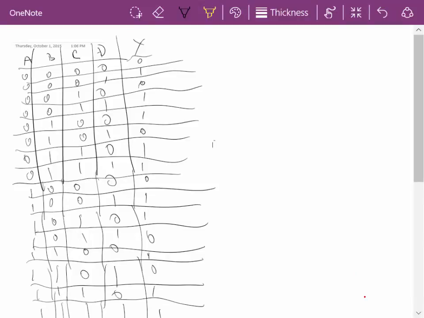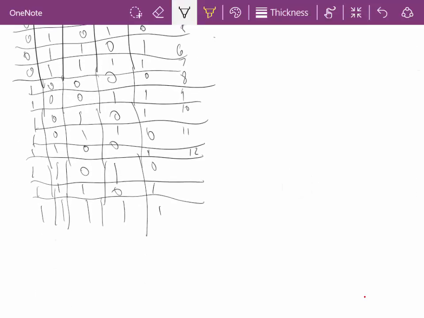So I'm just going to go ahead and put the numbers here: 0, 1, 2, 3, 4, 5, 6, 7, 8, 9, 10, 11, 12, 13, 14, 15. And I'm going to put my Karnaugh map here.